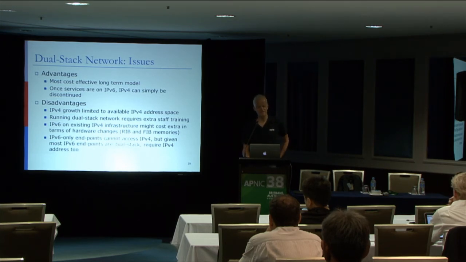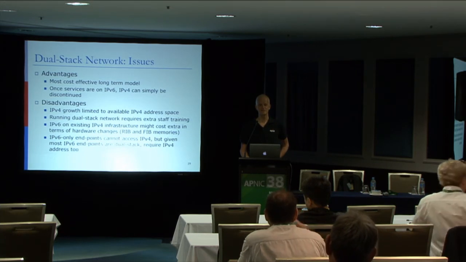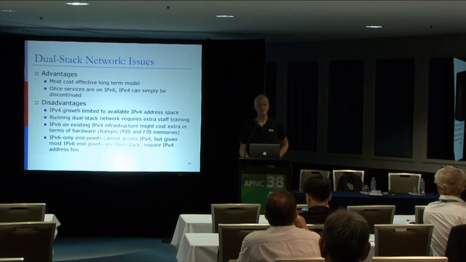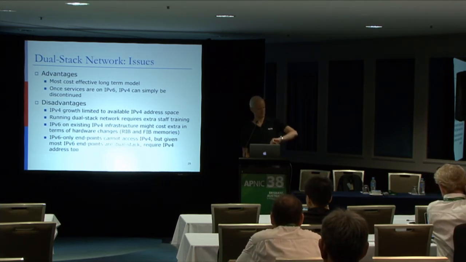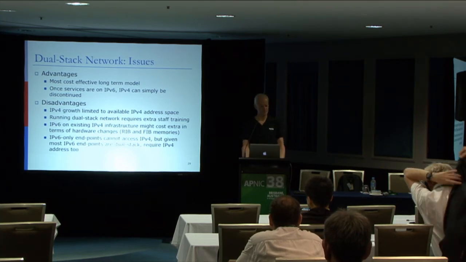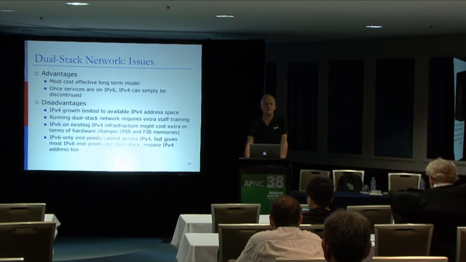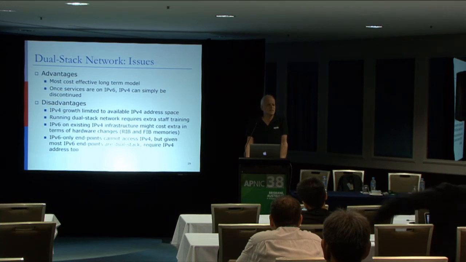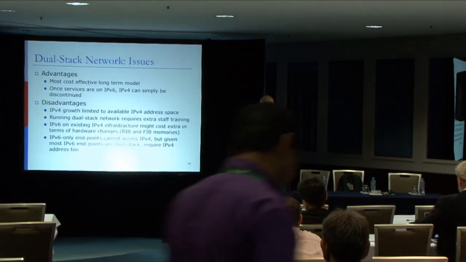v6 on existing v4 infrastructure might cost extra in terms of hardware changes, RIB and FIB memories. This is where we should be listening to Geoff Huston's presentation, which he's going to be doing in 5 minutes, about 512K. Anybody remember that? About 4 weeks ago, when the Washington Post and a few others said it's the end of the internet.